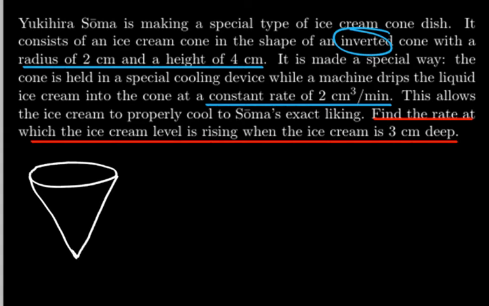Okay, what do we know about it? So we know that this is 2 centimeters, and I'm just going to call this big R. And I'm just going to color code that so that it's easier to see it. So big R equals 2 centimeters. And then the total height here, I'll just call that big H. It is 4 centimeters.